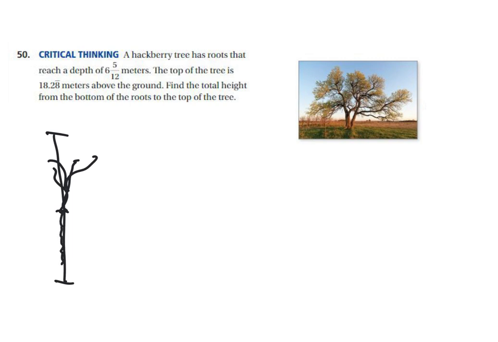The roots go down 6 5/12 meters, and the tree goes up 18.28 repeating. So we're going to need to take the absolute value of these numbers and add them together, just like we did when we found distance between numbers on a number line.